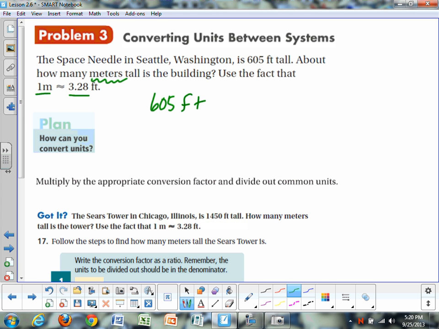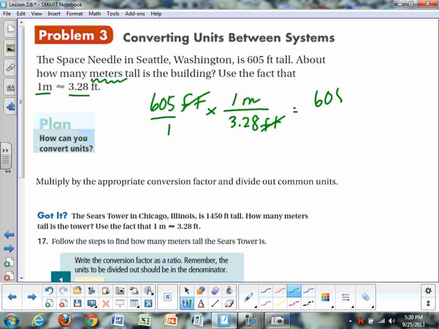And I want to choose it so that I'm canceling out the units that I start with, and I am left with the units that I want in my answer, which is meters. I'm going to put the 1 meter on top and the 3.28 in the denominator. That way the feet cancel out. And you can think of that as, of course, the fraction 605 over 1.